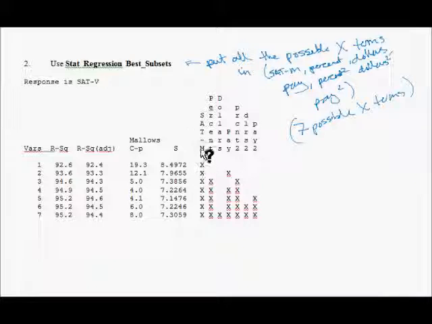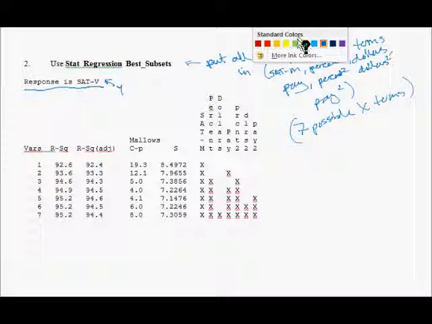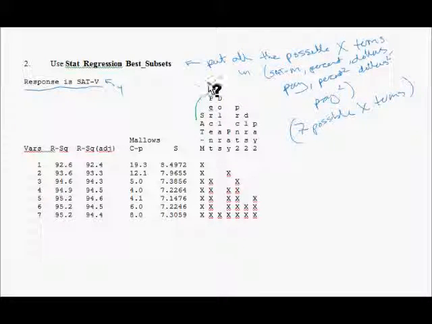So here's what it gave us. Our response, our y, is up here, right? Here's our y. These are possible x's, right? ST math, percent, dollars, pay, percent squared, dollars squared, pay squared.